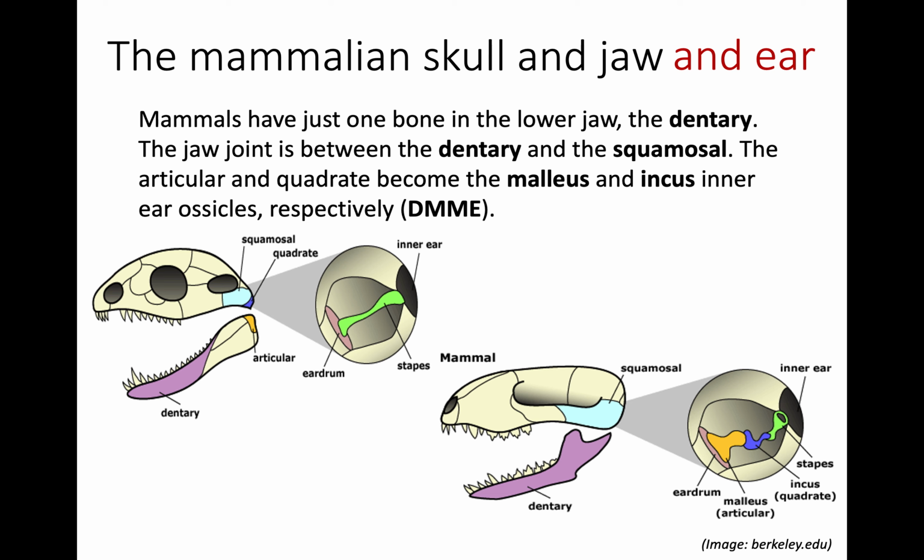This is one of the major transitions that we find, and we do have fossils that show this jaw to ear transition of mammalian development, which is really cool. A lot of those fossils are found in places that show the age of transition from the Paleozoic to Mesozoic, and throughout the Mesozoic, like the Karoo Basin in South Africa, I believe, which has some really great reptilian to mammal transitions.